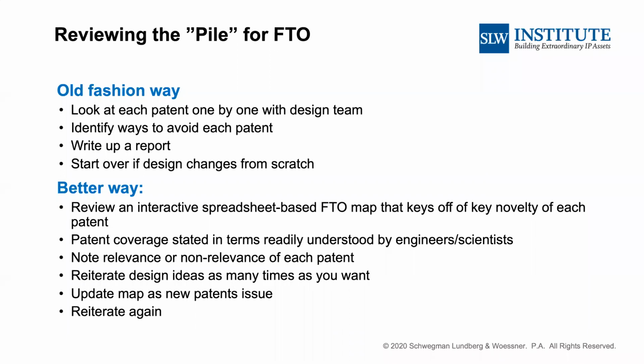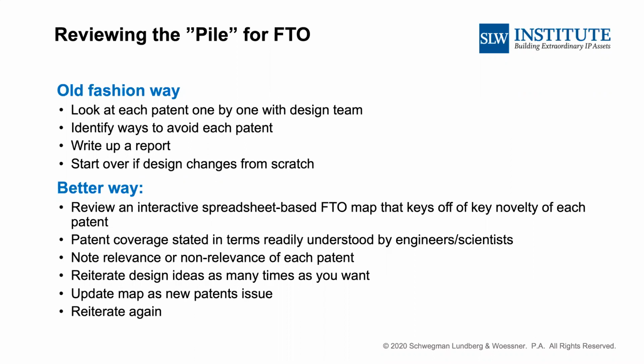So what Mark's going to talk to you about today is a tool that we developed at Schwegman and have been using, which can take these relevant patents and reduce them down to FTO maps that have high fidelity.